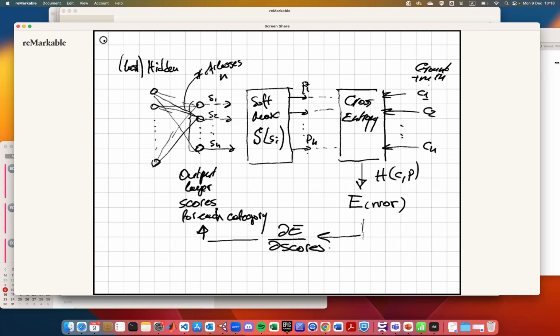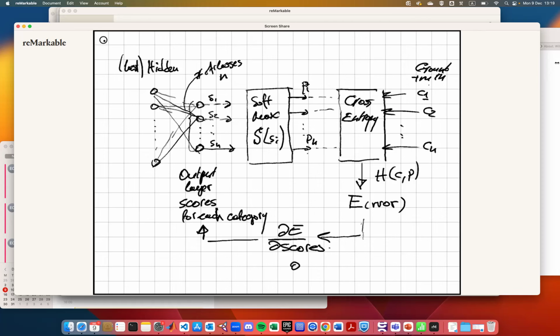And this can be further broken down by the chain rule to two derivatives.